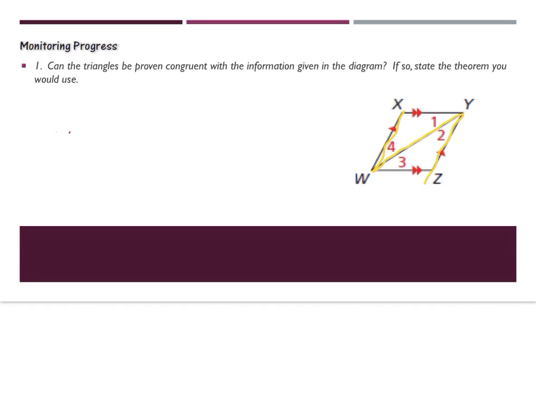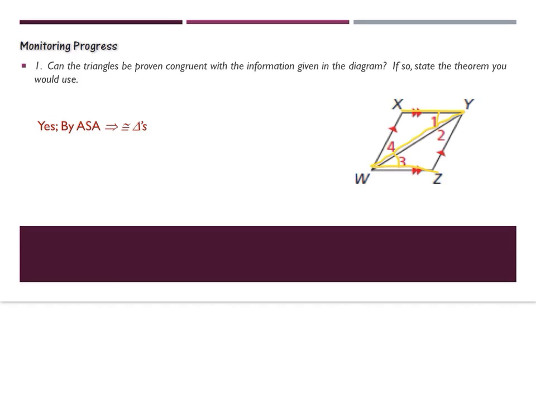So remember the strategies to help you identify your special angles, the alternate interior angles. It forms a Z, so 4 and 2. Or you could identify a Z going this direction, which would allow you to identify angles 1 and 3.